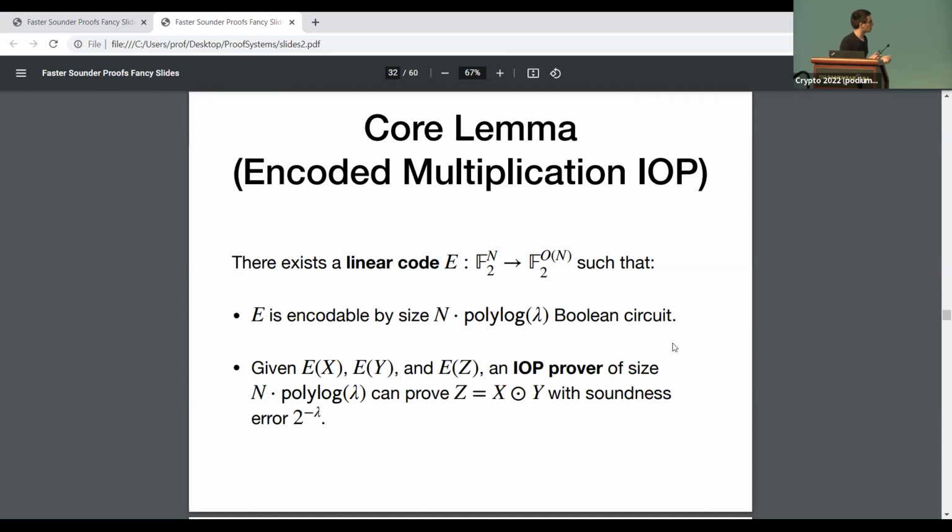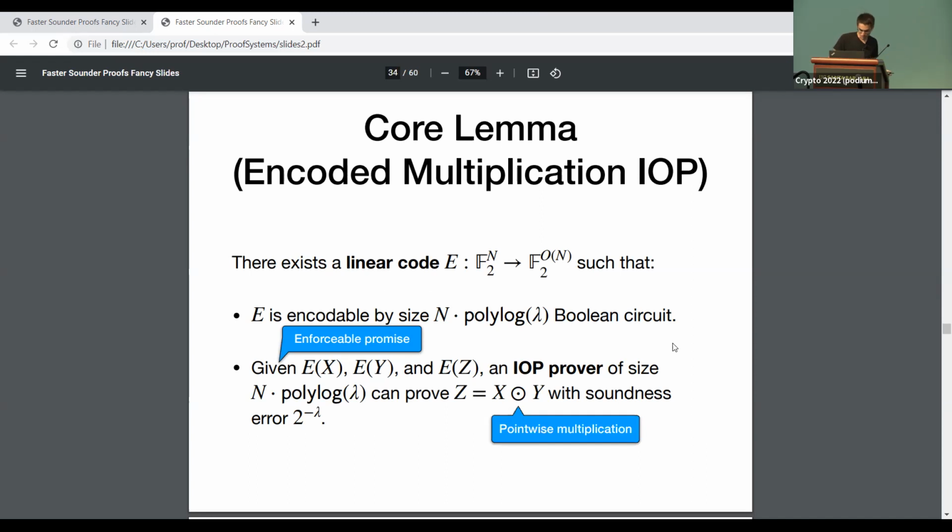Given encodings of three vectors x, y, and z, you can prove that z is a pointwise product of x and y with soundness error 2 to the minus lambda. Assume here that you're given these encoded vectors in the sense that the verifier can make whatever random access queries it wants to them, and it knows that these things are properly encoded, but it doesn't know what the encoded values are.